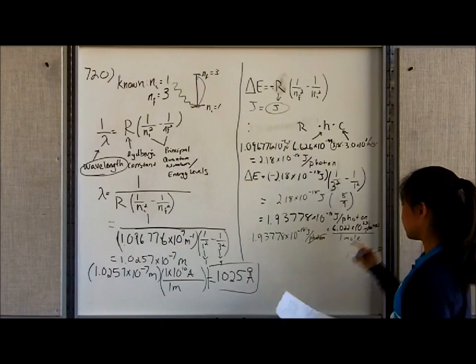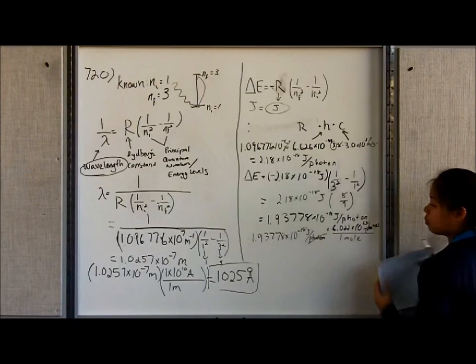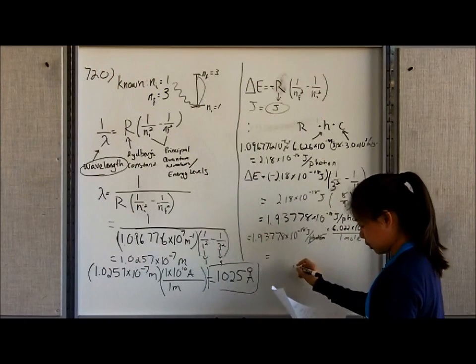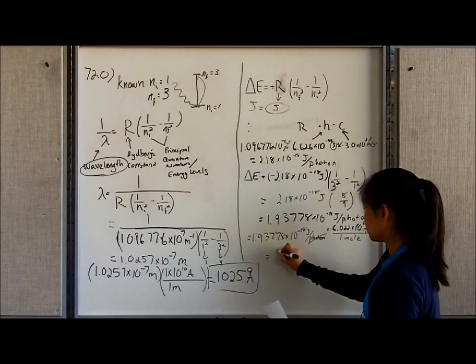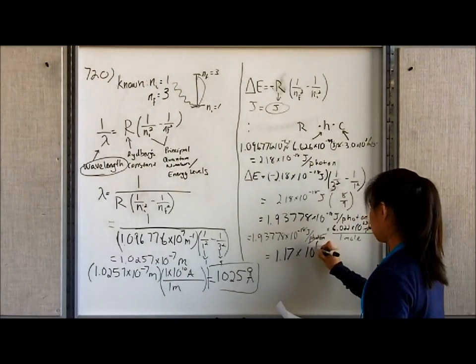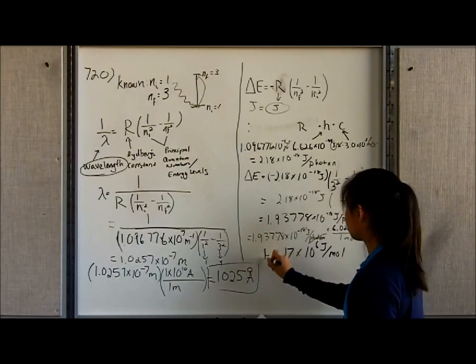So now you cancel it out, and you have the right units you need, which is joules per 1 mole. So it's just a quick calculation at this point, where you get approximately 1.17 multiplied by 10 to the 6 joules per mole. And that's your answer for 22.